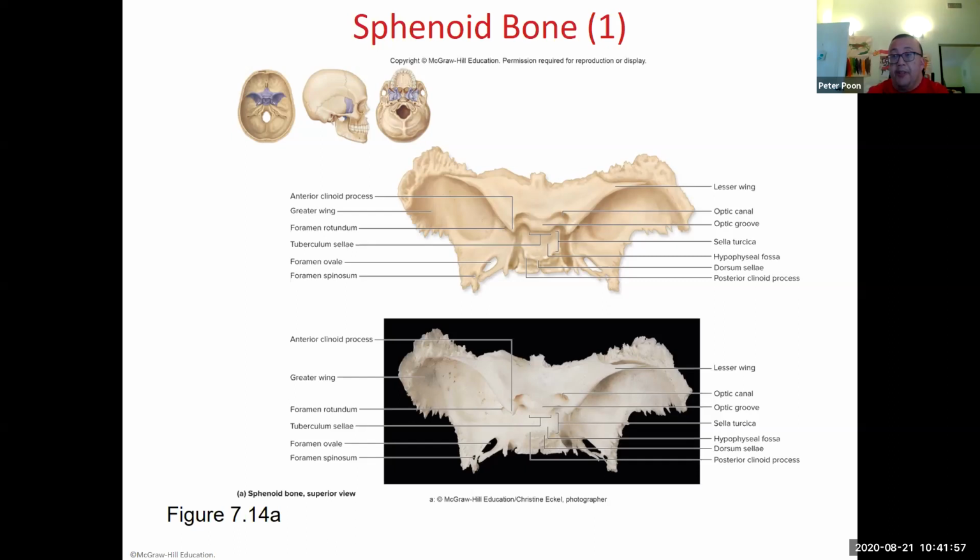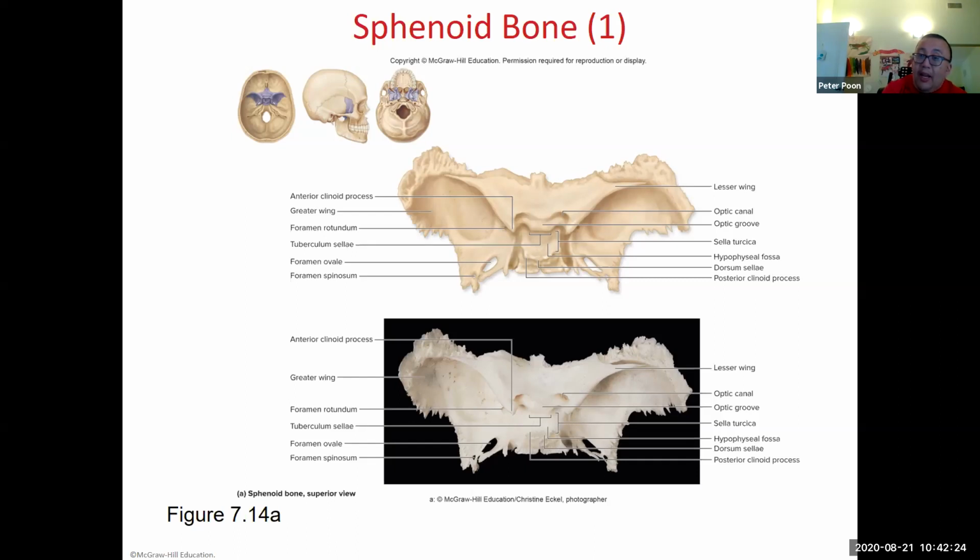It looks like a small little saddle, but it actually has back support. There's a big chunk right here that's the back support, the dorsum sellae. The name is important, but that little piece makes it the Turkish saddle because Turkish saddles have back support.